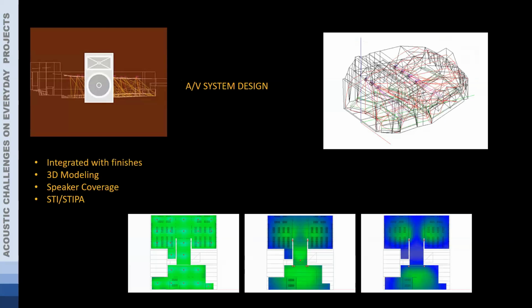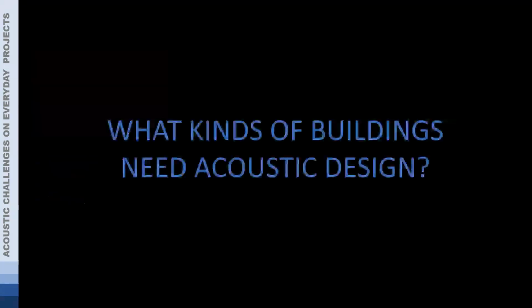So AV system design is really crucial that it's integrated with the finishes and with the 3D modeling so that you can ensure that both of those systems work in concert with each other and help each other.